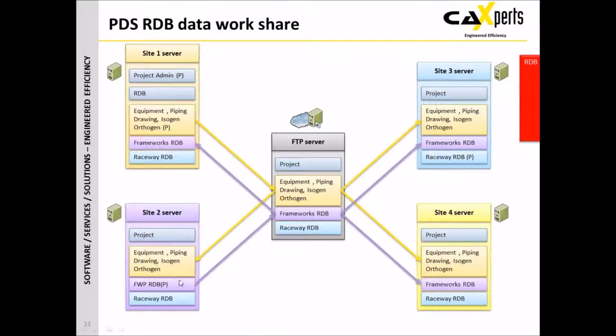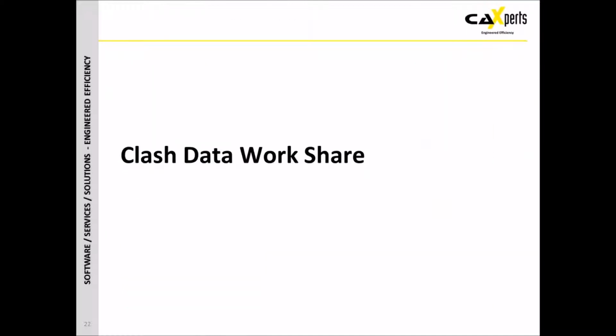For the frameworks, we can see that this is hosted on site 2. Sorry, not frameworks. Raceways on site 3, and so on. So as you can see, we've got different disciplines being hosted at different sites.